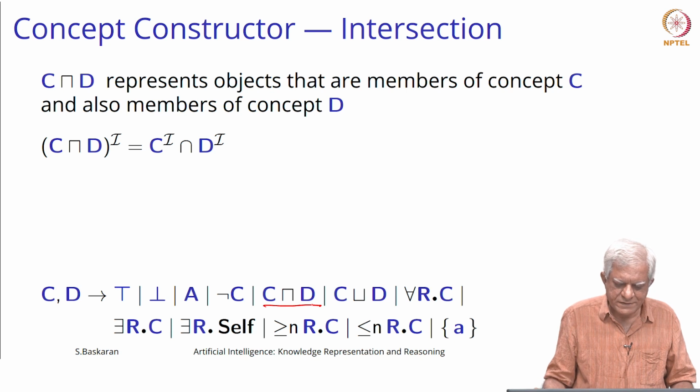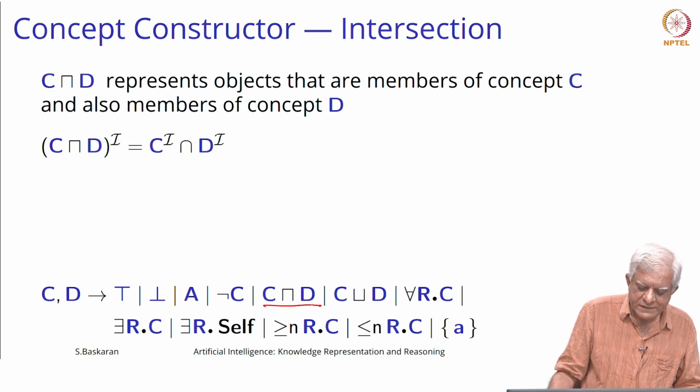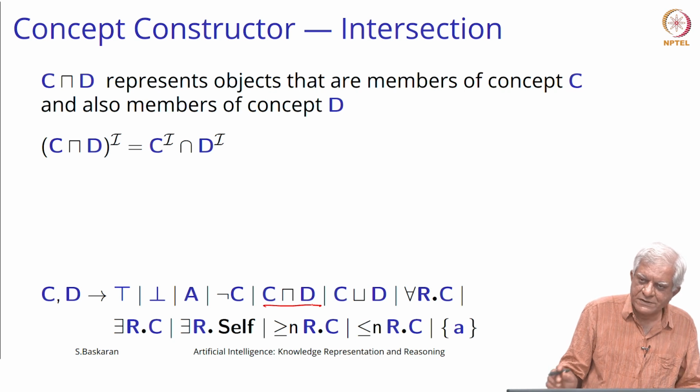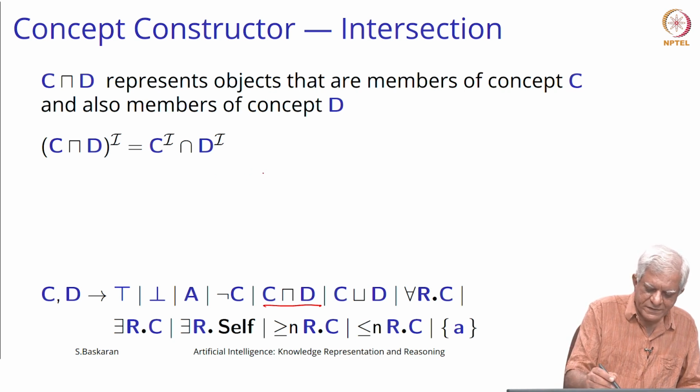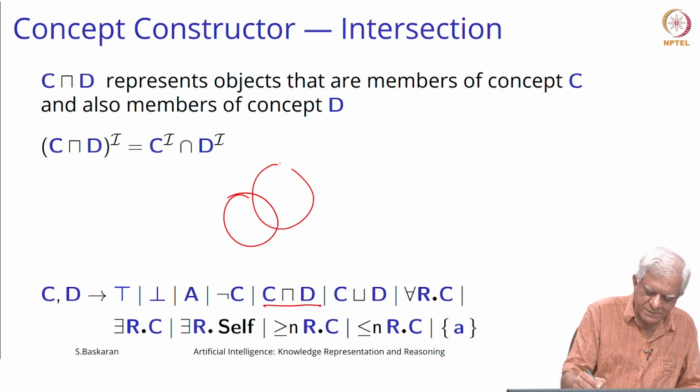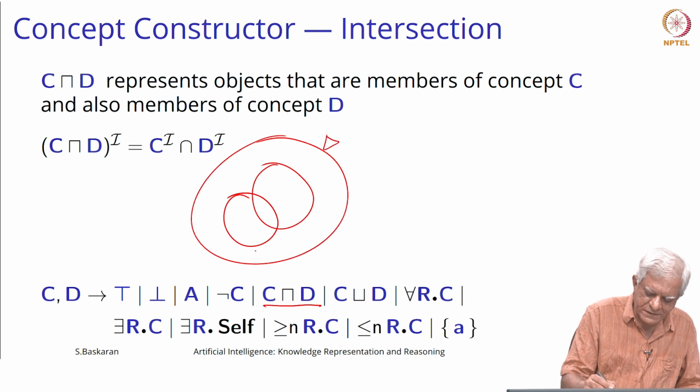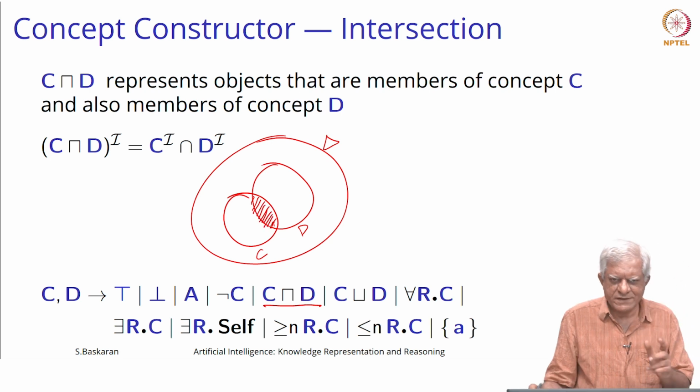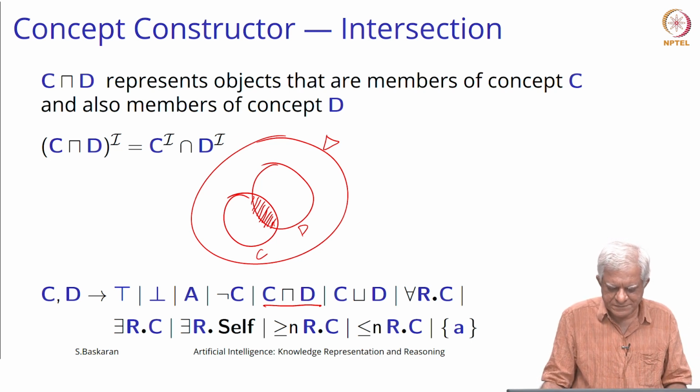Then intersection. Members of concept C are also members of concept D essentially. So, if you have a concept C here, if you have a concept D here, and this is your top concept, this is C, this is D, then all this is elementary set theory. It is just that we are using a language to define and name those sets.